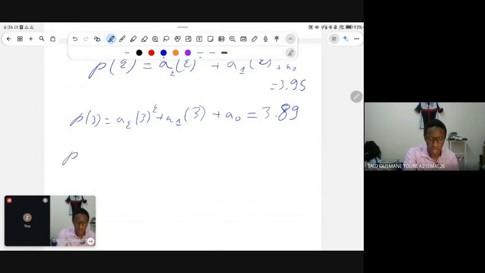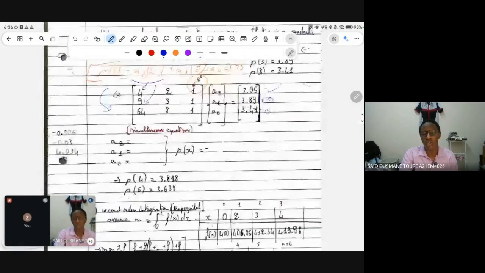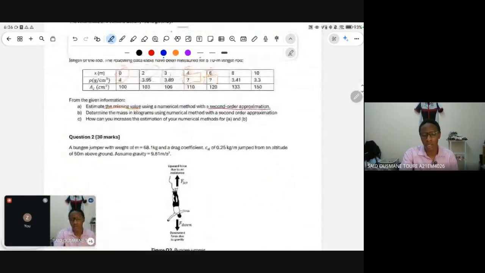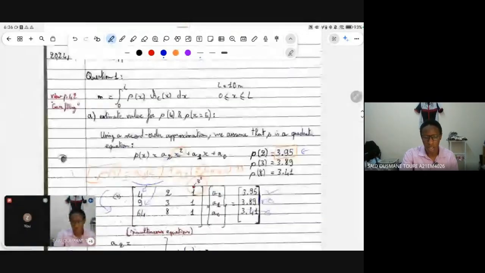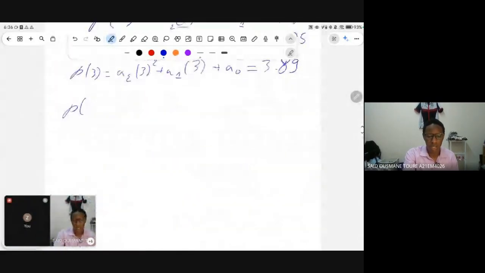The third equation: now let's substitute another number. Which number do we choose? Number 10, for example. It will give different answers, but accuracy depends on the real answer, and number 10 is not so far off.